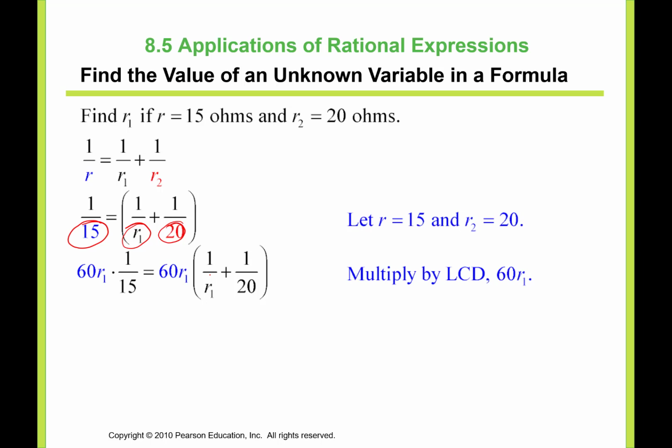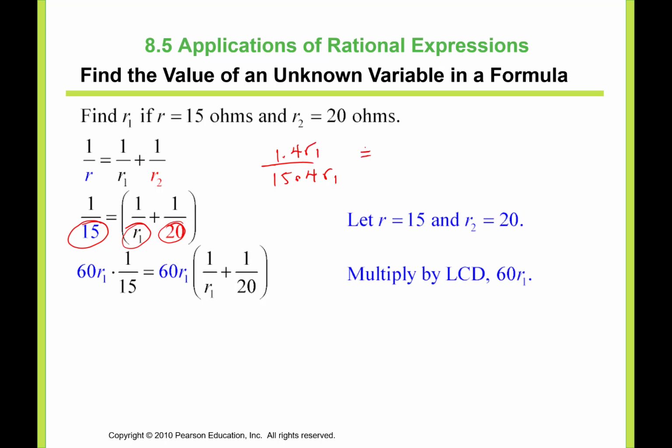Now, an alternative way to do this problem would be to just simply multiply the top and the bottom by what is different. So we could do that if we choose to work through accordingly. If you recognize that the LCM of 15 R1 and 20 would be 60 R1, what I could have done is incorporate, since we need this to be 60, times 4 times R1. And then we would have to multiply the top by the same thing, so this is going to be 4 times R1.